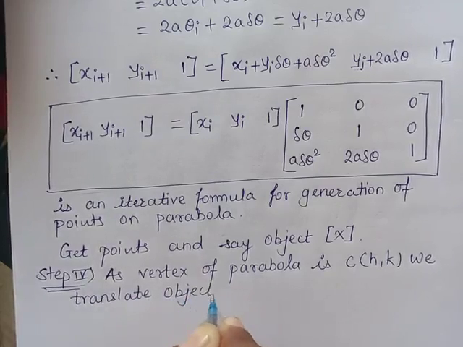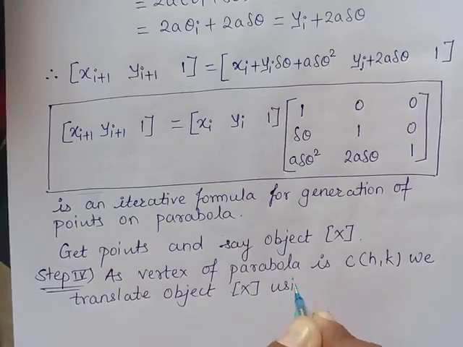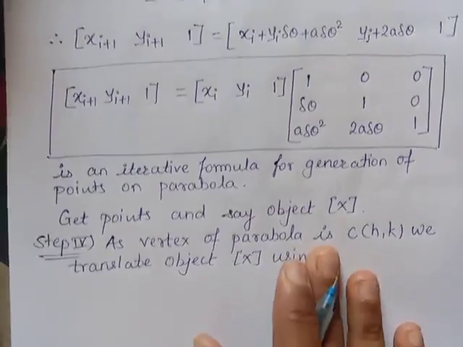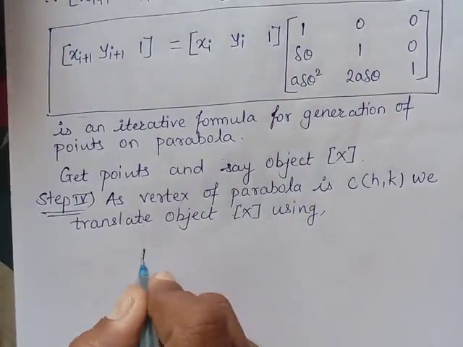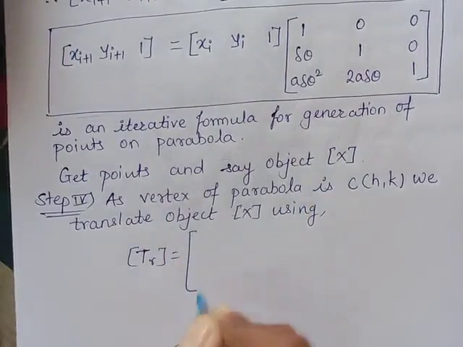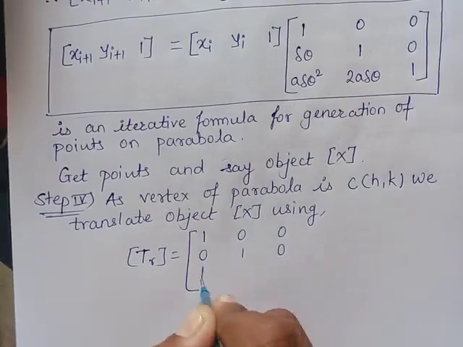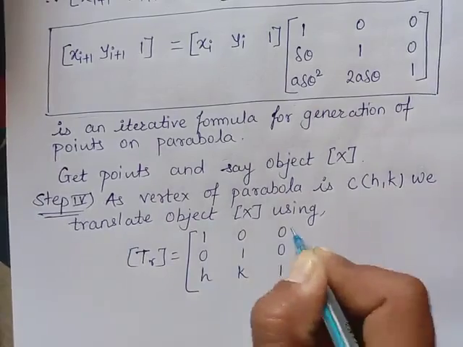We translate the object x using a translation matrix. What is that translation matrix? It will be TR, you know that it is 1 0 0, 0 1 0 and h k 1.